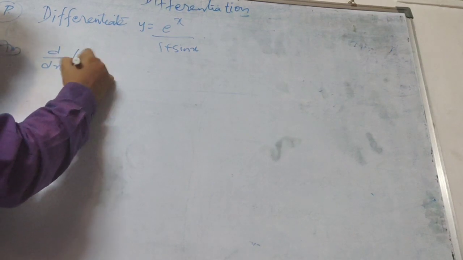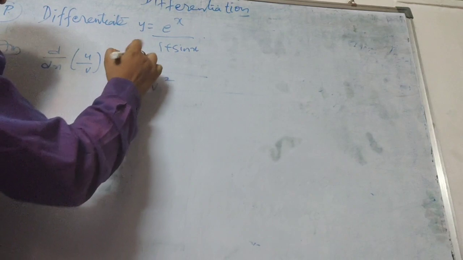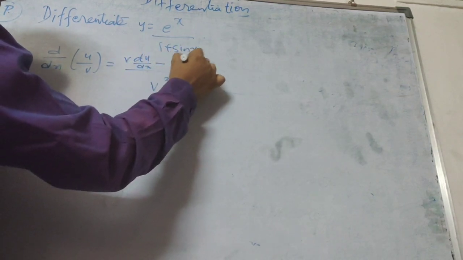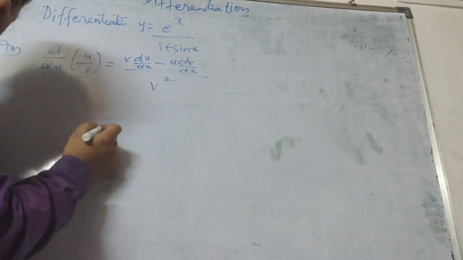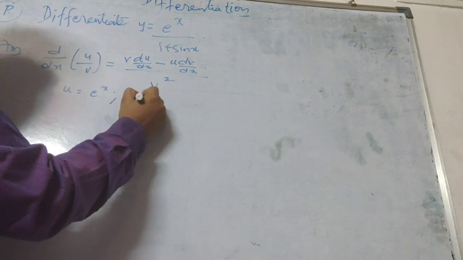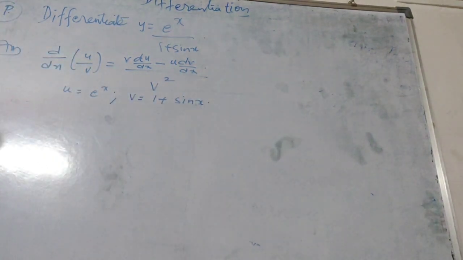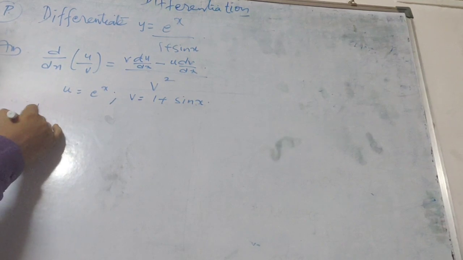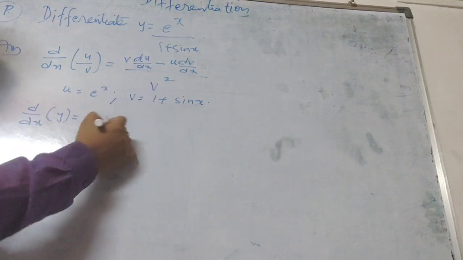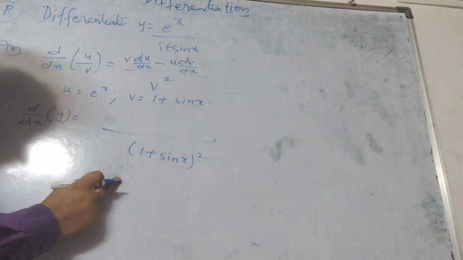d by dx of u by v equals the square of the second function, v squared, in the denominator. Above, the numerator will be v du by dx minus u dv by dx. So here u is e power x and v is 1 plus sin x. So that will be d by dx of y equals, v square is 1 plus sin x whole square.